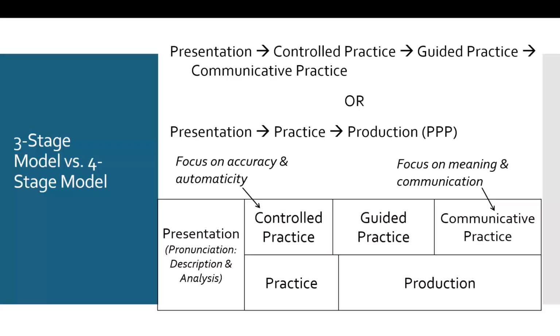Controlled practice is virtually the same as practice. These lines that I have circled with red there, they're really closer together than they appear. It's just in PowerPoint, I can't get the lines any closer than that. I wanted to have a tiny gap between them. That's not as tiny as I wanted, unfortunately.